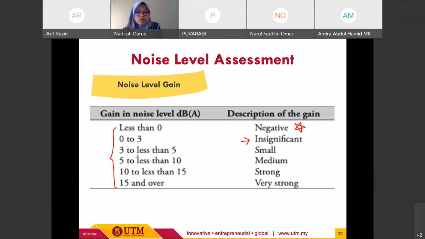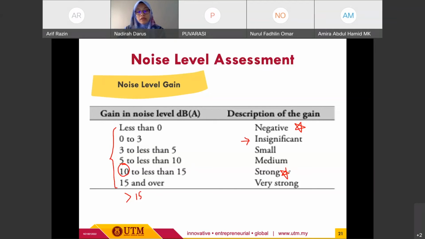And proceed with 5 to 10, we have medium noise gain, and as mentioned just now, 10 or more but still less than 50, it's significant, yes, but in the category of strong. And we have the other one, which is very significant or very strong, if the increment is more than or equal to 50.